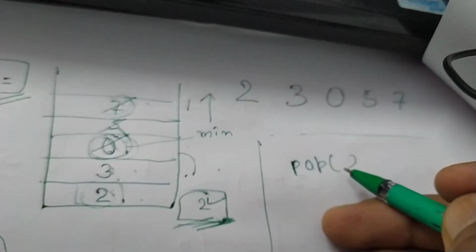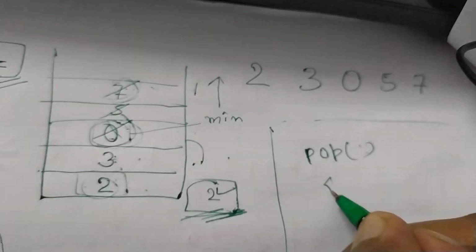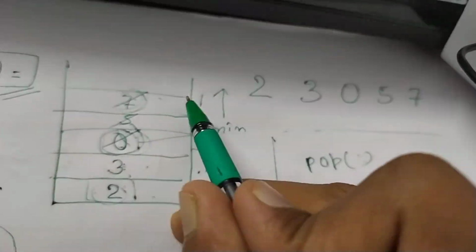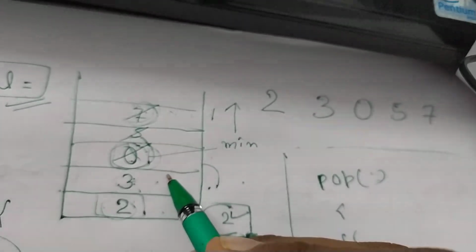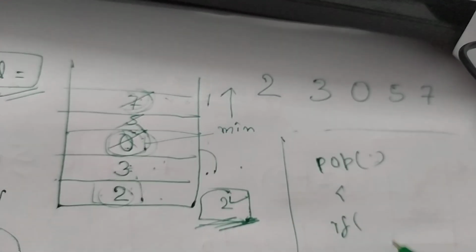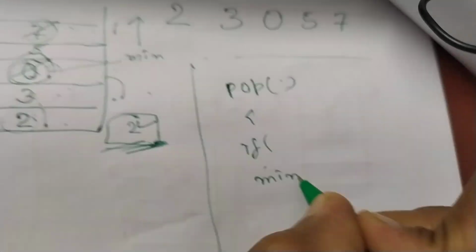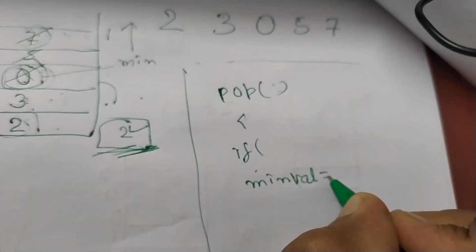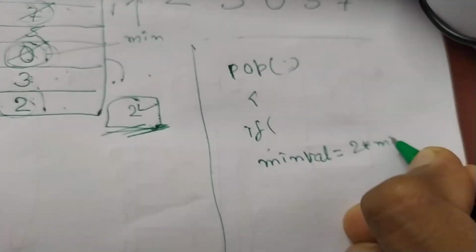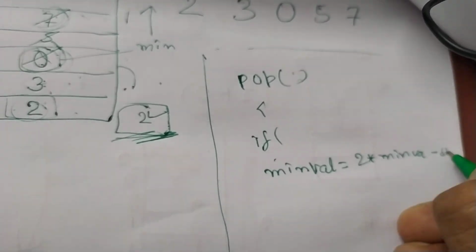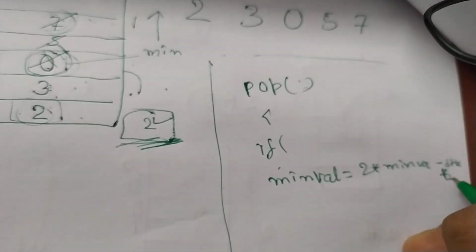For that, we can consider it this way: if our top value is less than our minimum value, or we can say equal to our minimum value, what we're gonna do is we get back our minimum value by reversing this: 2 into min val minus stack top value.